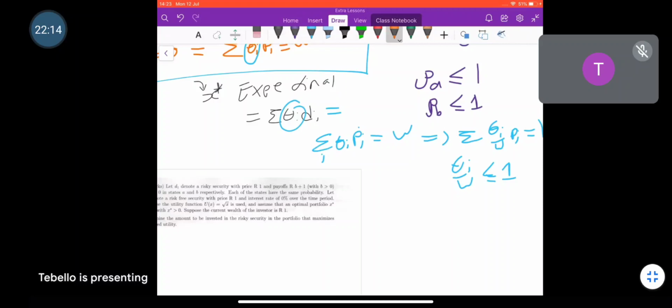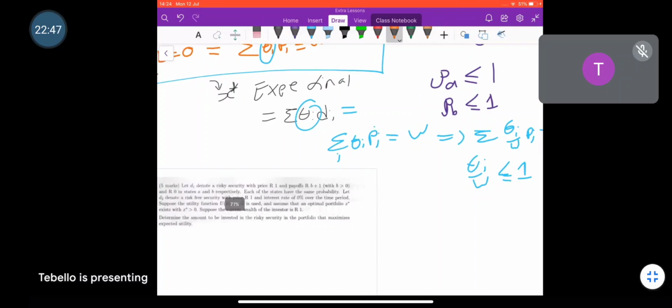If your wealth is equal to 1, then the amount of shares will also be less than 1, given that the prices are also 1. Okay, that makes sense. Thank you so much. No problem.